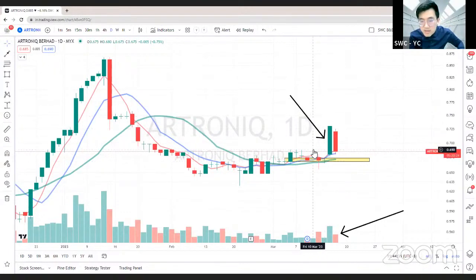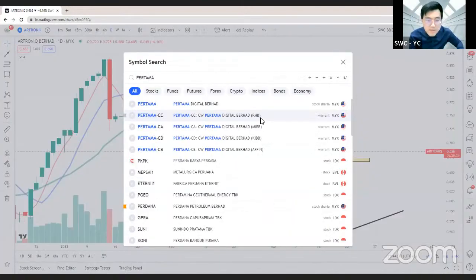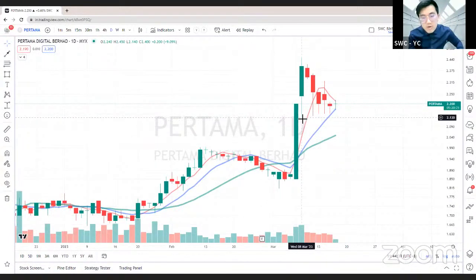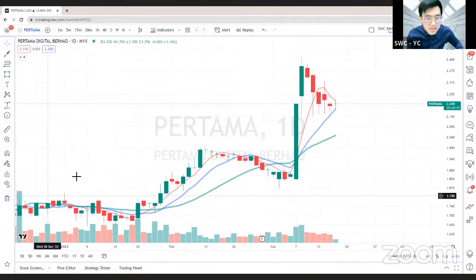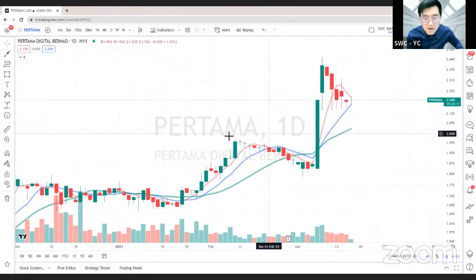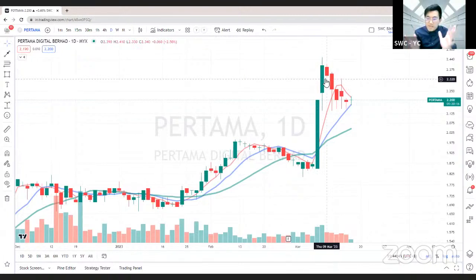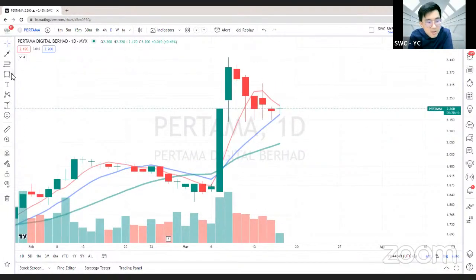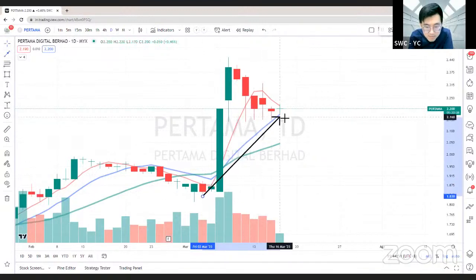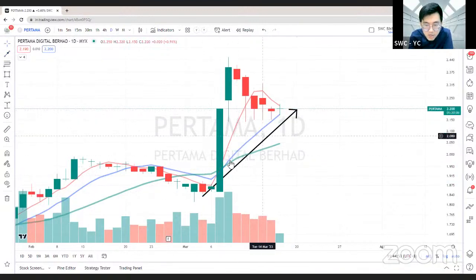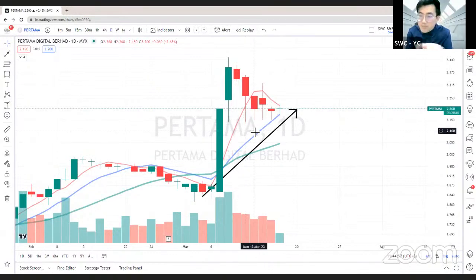Okay, then maybe you see Patama. This is a stock that I'm also looking at. Why? Because you can see it goes up. If you miss it, then you just wait for it to come down. You see it is still above the short-term moving average, the 5 days and 10 days are still above the moving average.